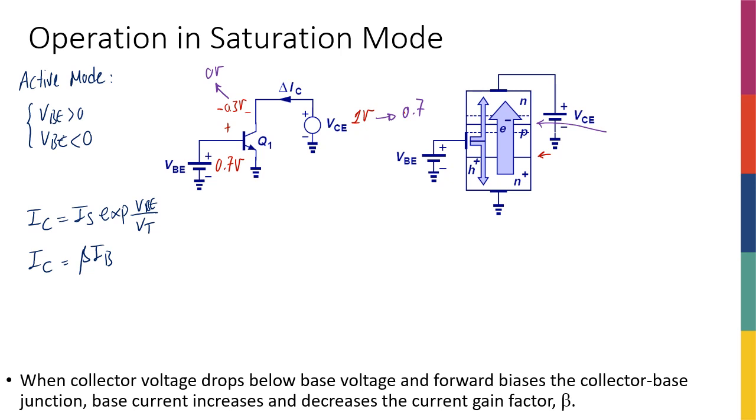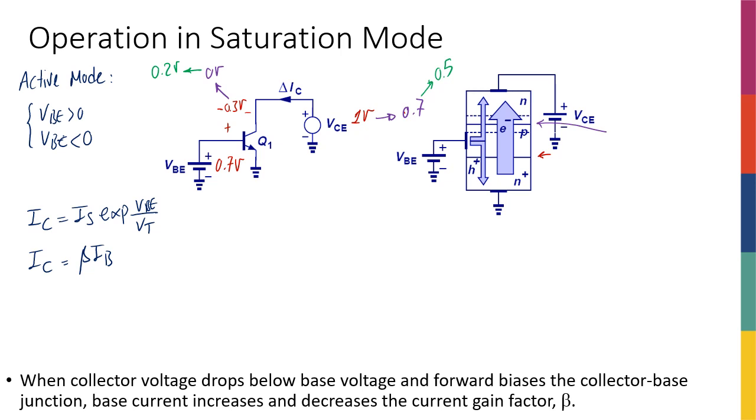Now let's reduce this collector voltage a little further. Let's say I go from 0.7 to 0.5. Now this VBC becomes 0.2 volts. The base-collector junction is not at equilibrium anymore, but is forward biased by 0.2 volts.